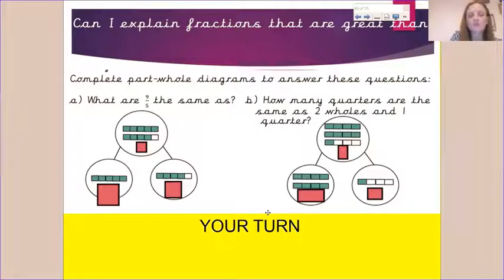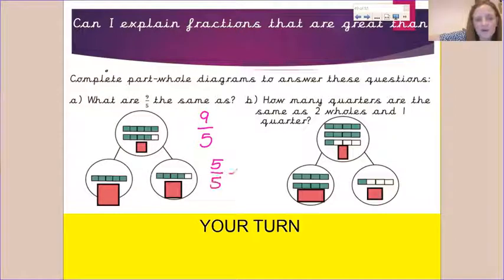So the first one you're going to do is obviously 9 fifths, and I'm just going to help you with a starting point, is that you know that if it's 9 fifths, okay, remember that 5 over 5 is equal to 1 whole. Okay, so pause the video now and complete these 2 questions.